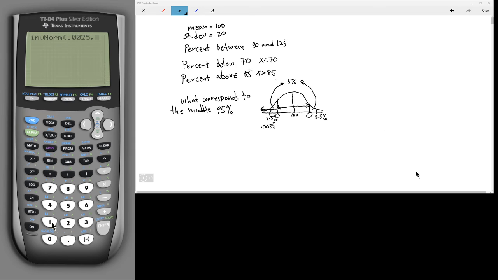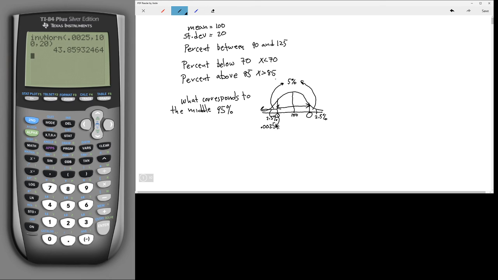So the mean, which for us is 100, and the standard deviation, which is 20, and I get 43.86, if I round it off properly.